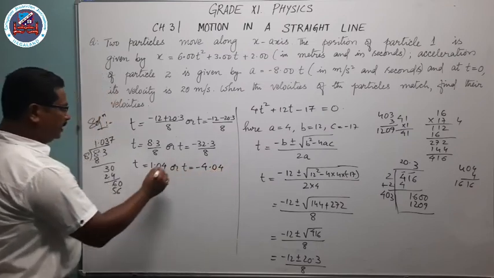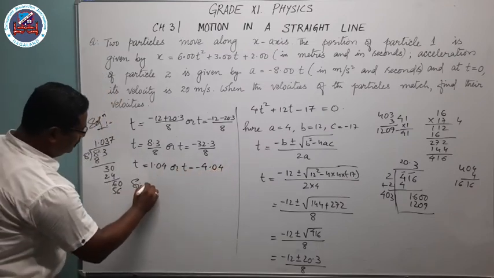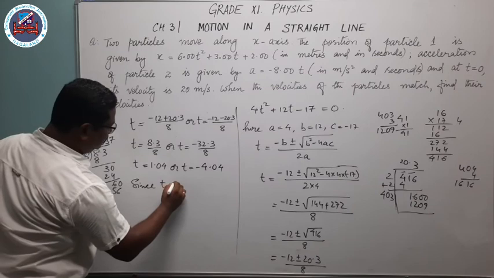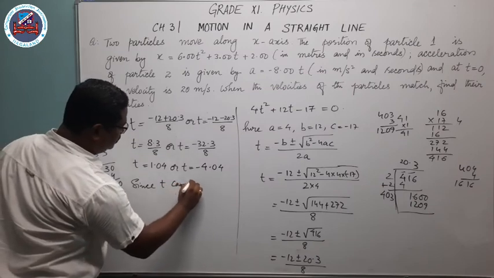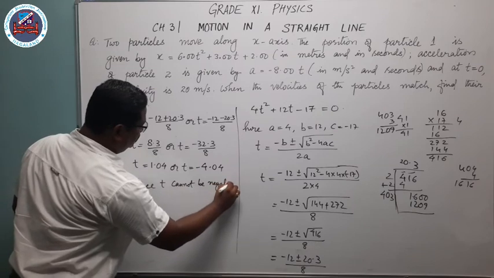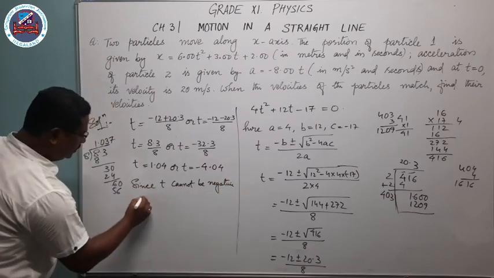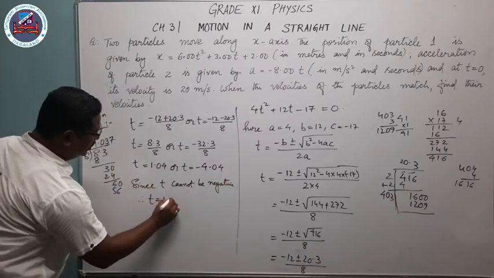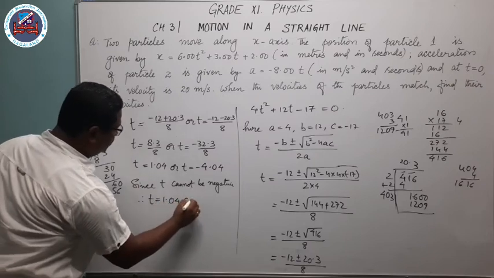But T cannot be negative since time cannot be negative, therefore T is equal to 1.04 seconds, we will take it.